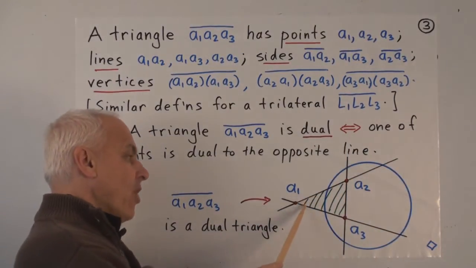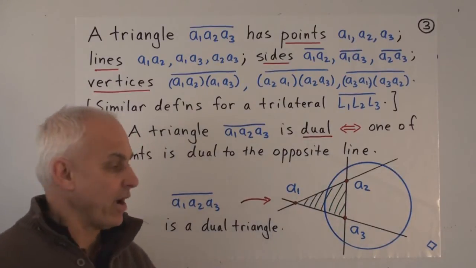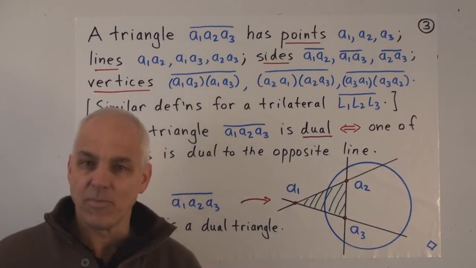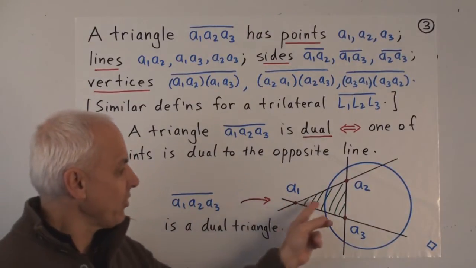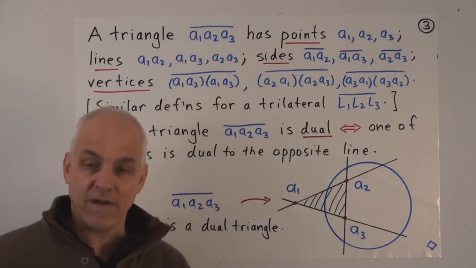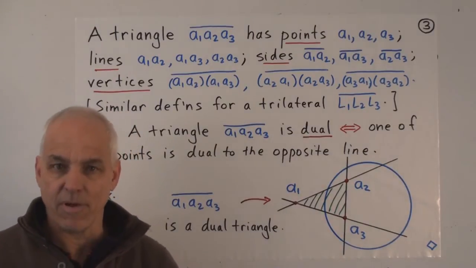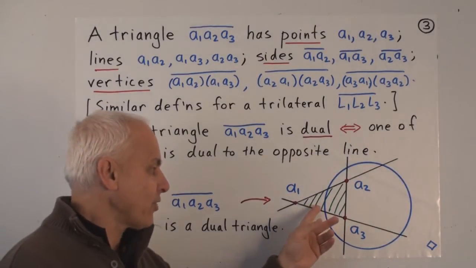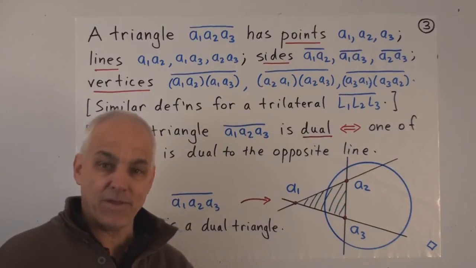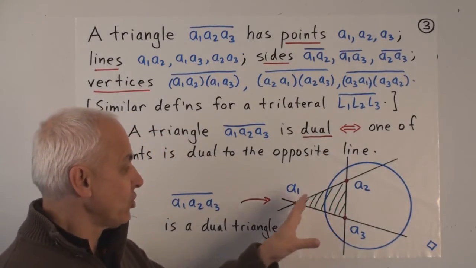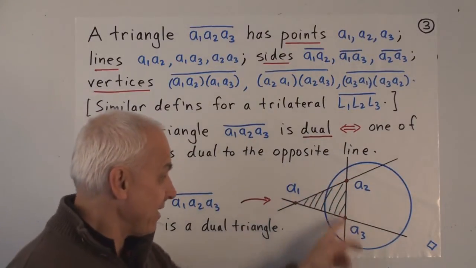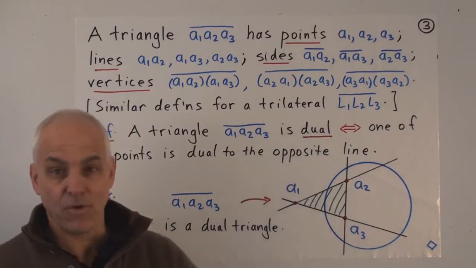And sometimes I will draw the interior of that triangle to make it a little bit more visible, especially in Geometer's Sketchpad. But in fact, the interior of a triangle is not really a well-defined notion in general in hyperbolic geometry. So we're in fact not going to define what we mean by the interior, and that shouldn't be a main concept for us. It's only a visual tool that we will use so that you can see the triangle if there's a lot of other stuff floating around as well.